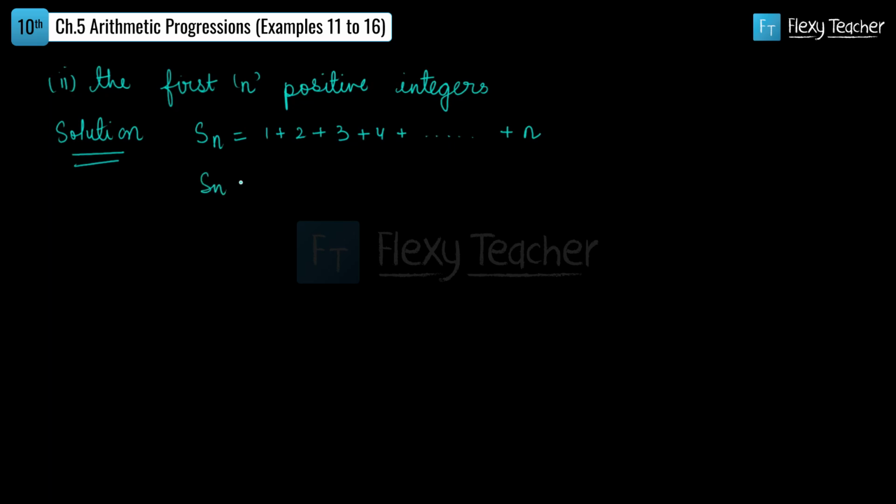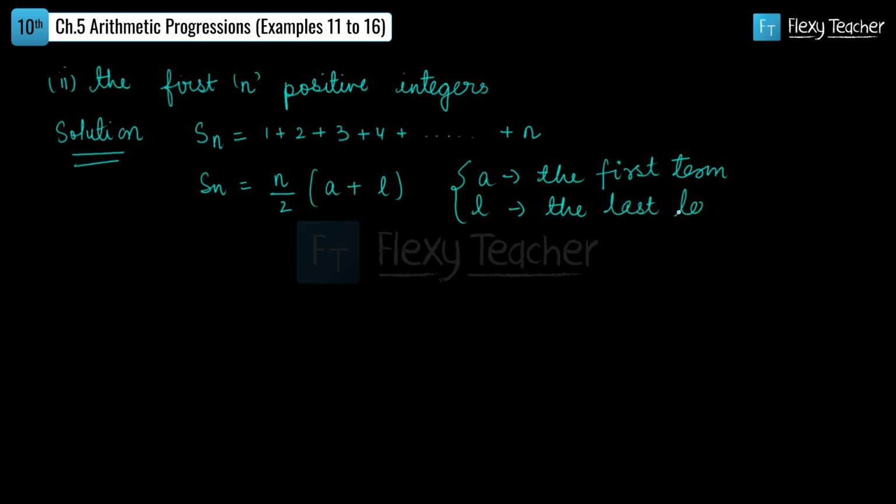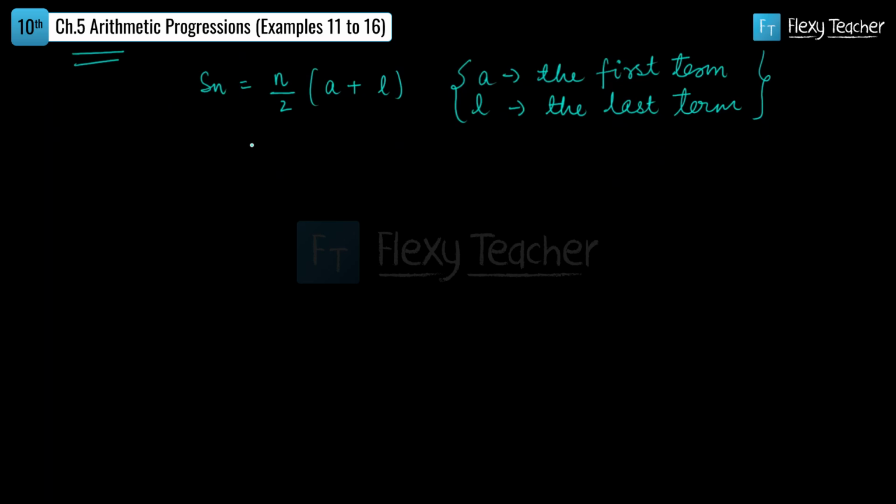Sn is equal to n upon 2 into a plus l, where a is the first term and l is the last term. Okay, so अब यहाँ पे हम इन वैल्यूज को पुट कर देते हैं. So Sn is equal to n upon 2 into a is 1 that we know, okay, plus n.